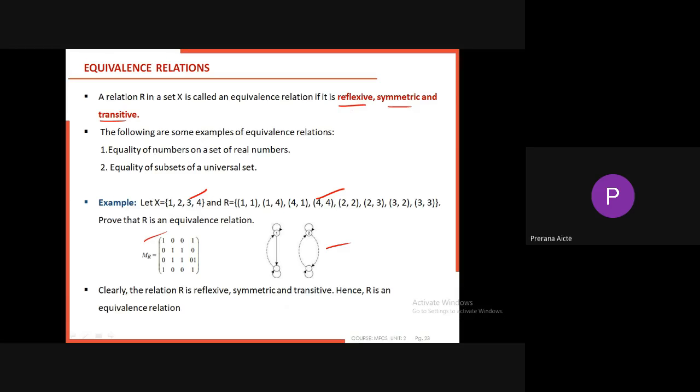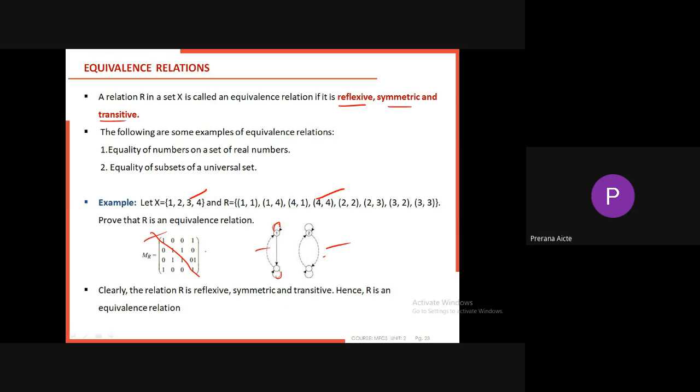Here reflexive means we need to have a loop at every node. Here we have a loop at every node, so I can say that it is following the reflexive property, or all the diagonal elements should be one. And symmetric means if you have an edge from 1 to 2, we need to have the edge from 2 to 1. In both cases we have that, so it is following symmetric. Similarly, I can check for the transitive relation also. It follows all three properties, so it is an equivalence relation.